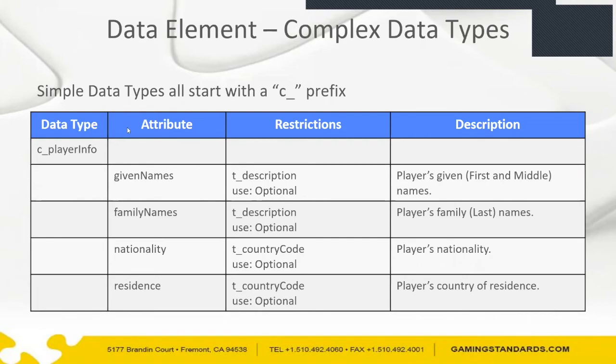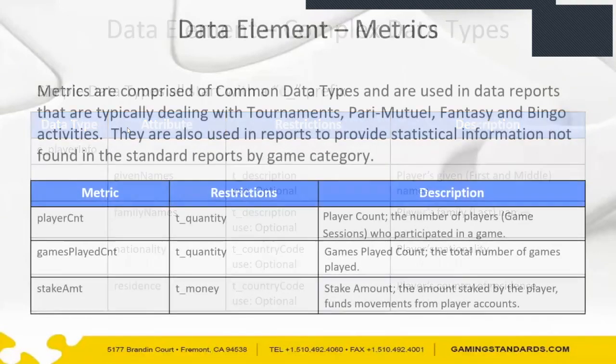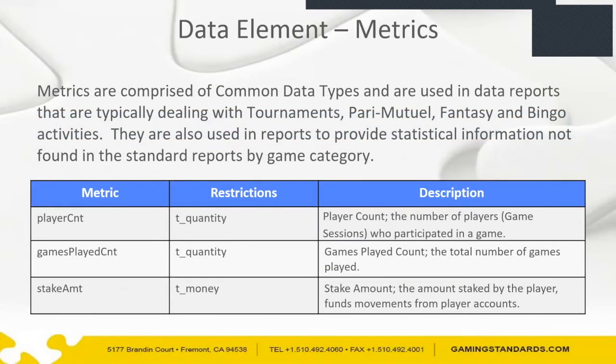And let me give you an example of metrics. And metrics are an interesting set of elements because they are comprised of common data types, but they're used in data reports that are typically dealing with tournaments, party mutual wagering, fantasy, and bingo.